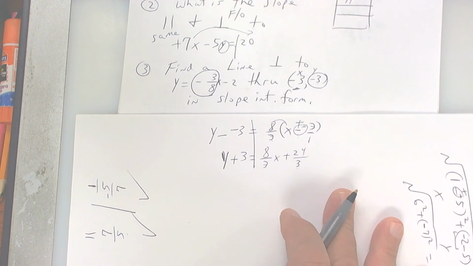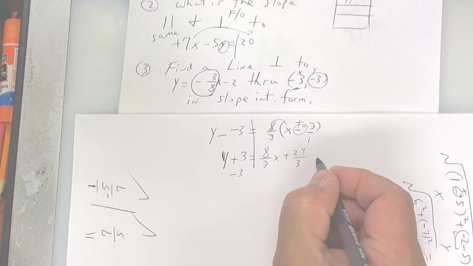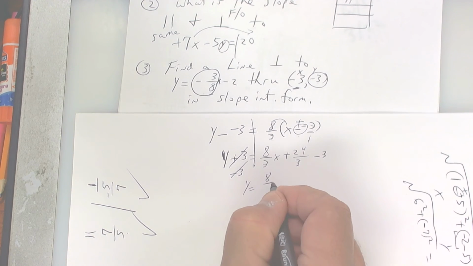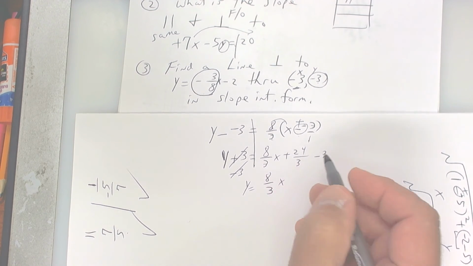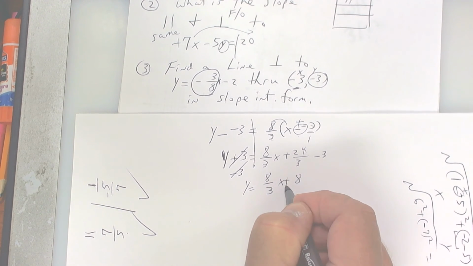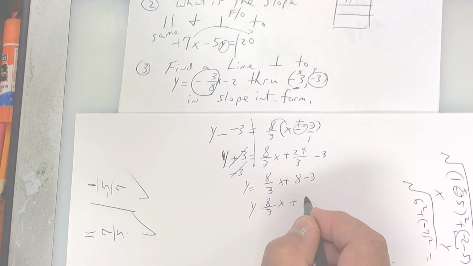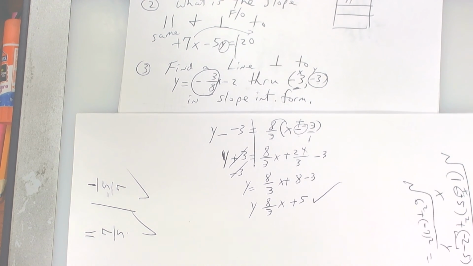So now you're going to subtract 3 from both sides. Now here you don't have to find the least common denominator, thankfully. This gives you 8 minus 3, which gives you 5. So your answer is going to be 8 over 3x plus 5. And that's called slope-intercept form. And you have to be able to do that.